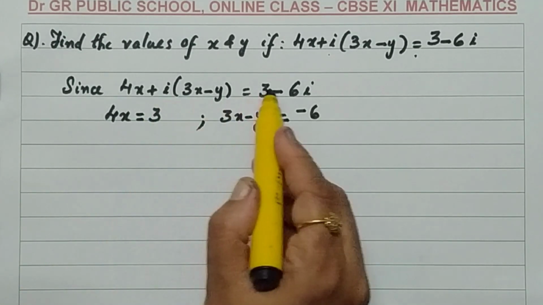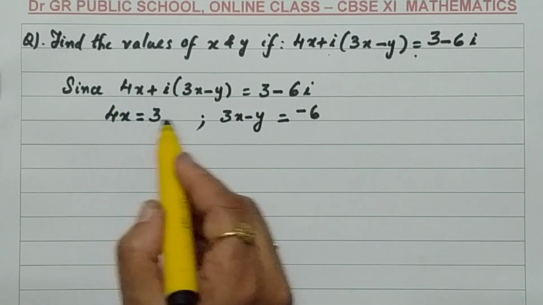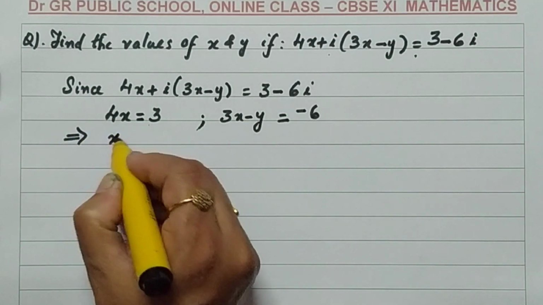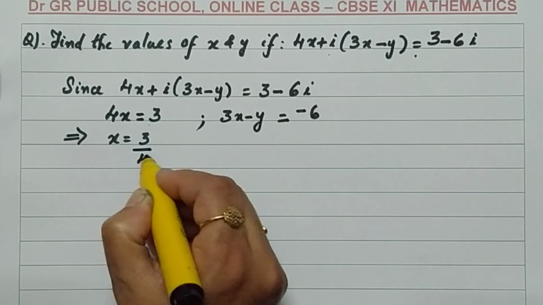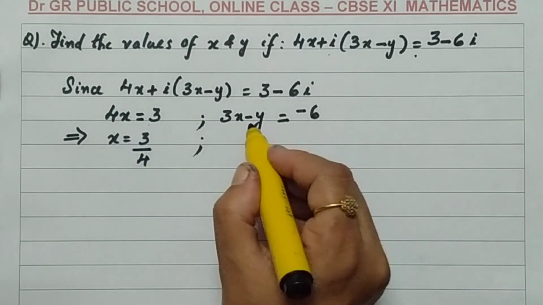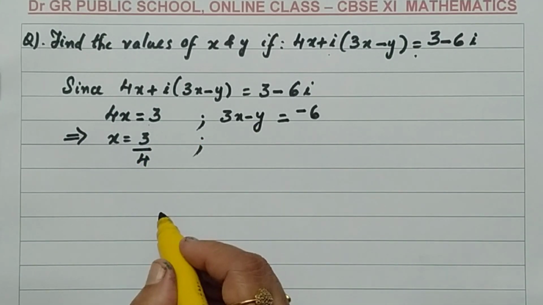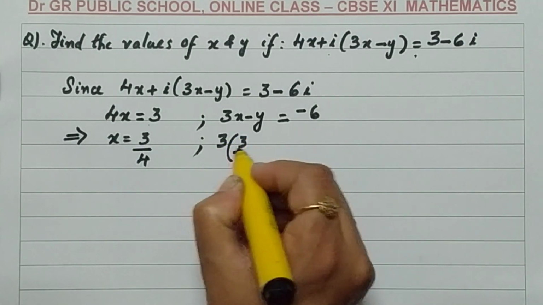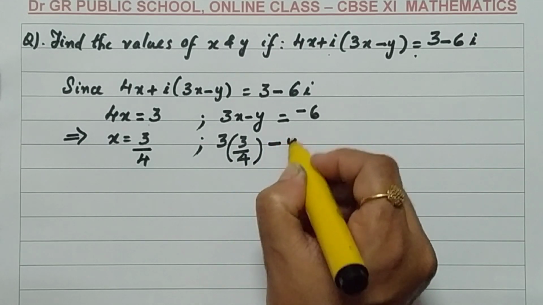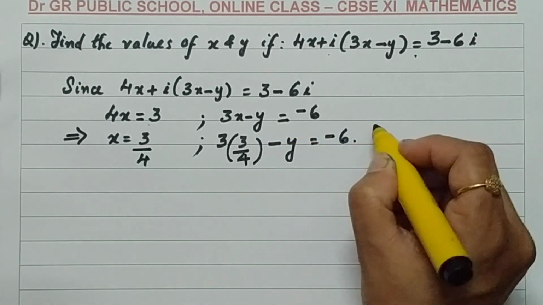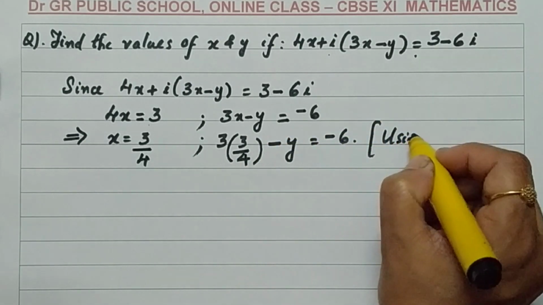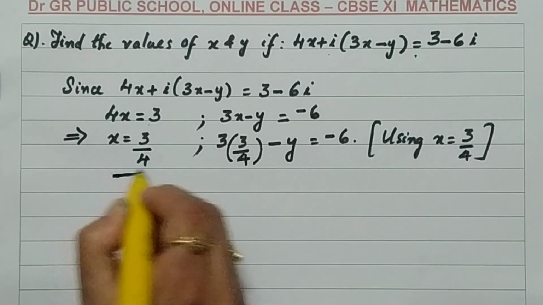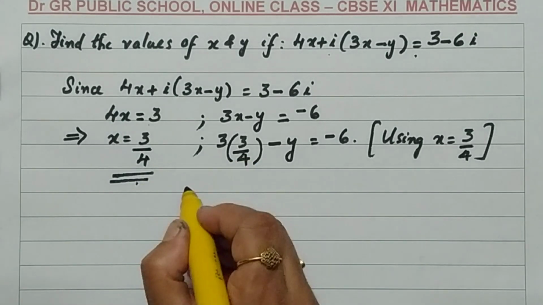So two complex numbers are equal if their real and imaginary parts are separately equal, which implies x equals 3 by 4, and here 3x minus y equals minus 6. Here I am going to substitute the value of x as 3 by 4: 3 into 3 by 4 minus y equals minus 6.